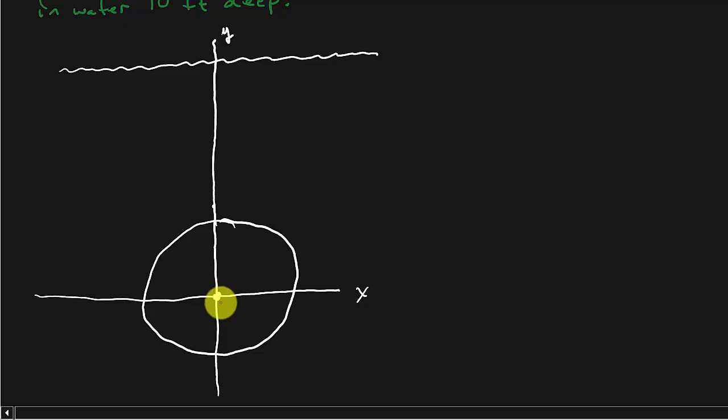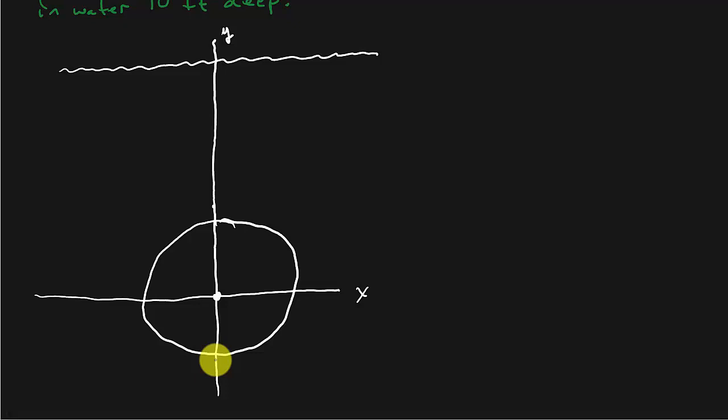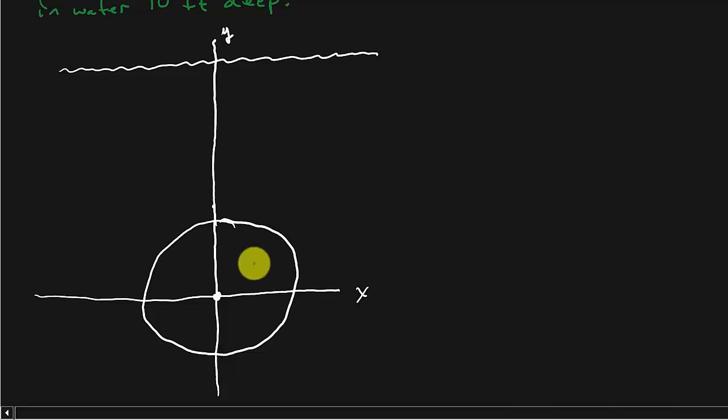You could move it up to where the water is, or down here. It doesn't matter. Just try to put it somewhere so that when you come up with an equation for this circle, you get something easy.